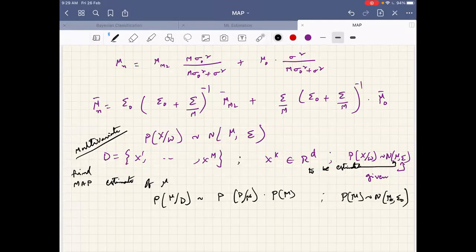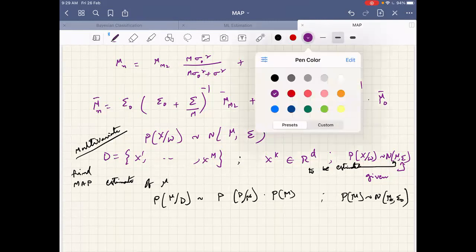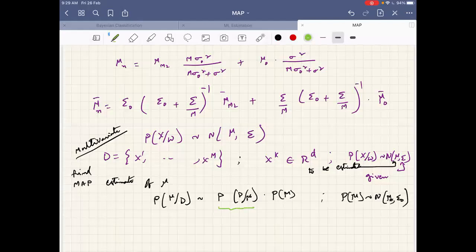What I want to do is exactly similar to the univariate case: first expand this by the multivariate Gaussian distribution with samples xk, mean mu and covariance matrix sigma, and expand the prior also with mean mu naught and covariance matrix sigma naught.